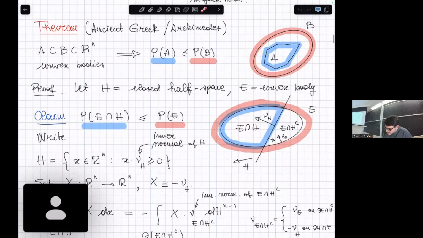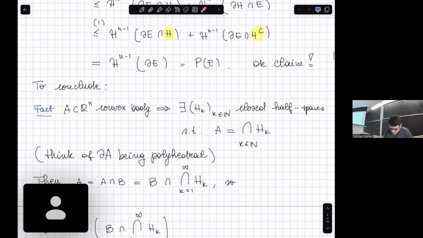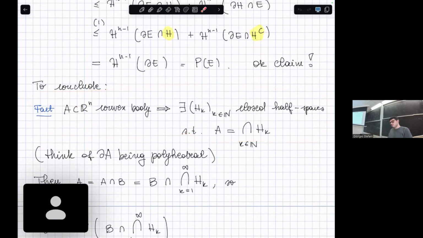And now we pass to the general case of two potatoes, one beside the other. To prove that, we recall this elementary fact, which you can easily imagine. If you are given a convex body, there exists a sequence of closed half spaces realizing the convex body that you are given as an intersection.